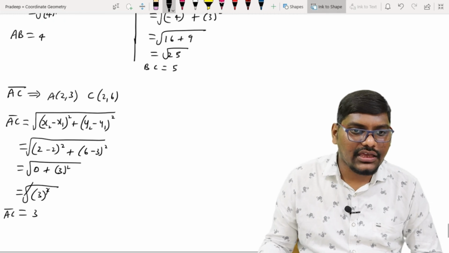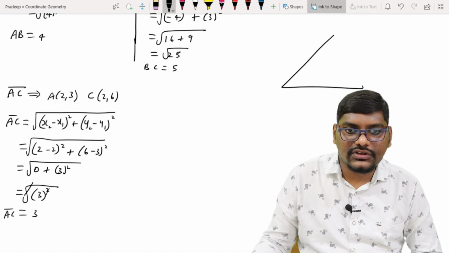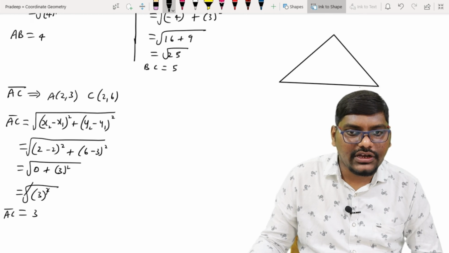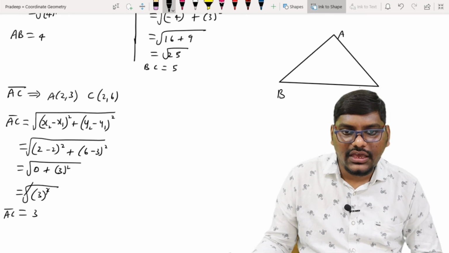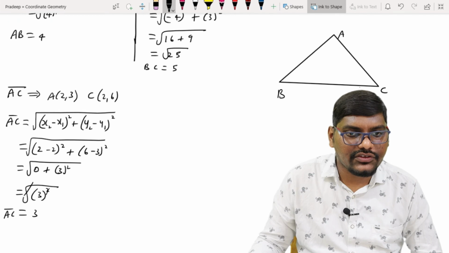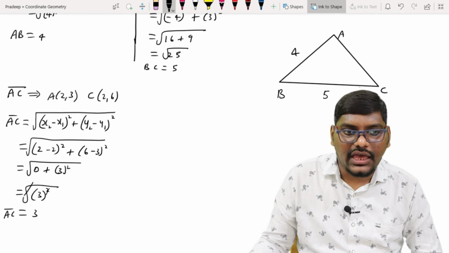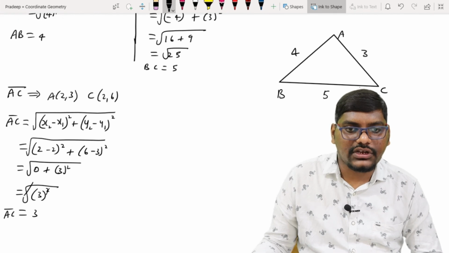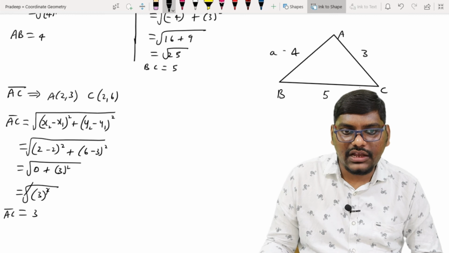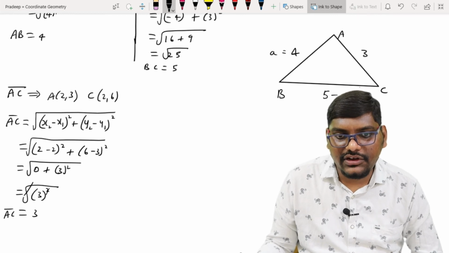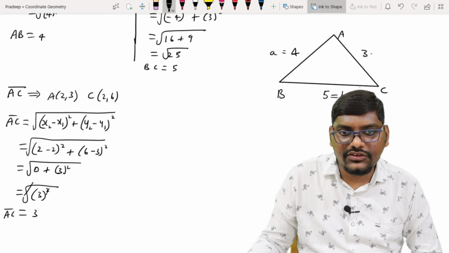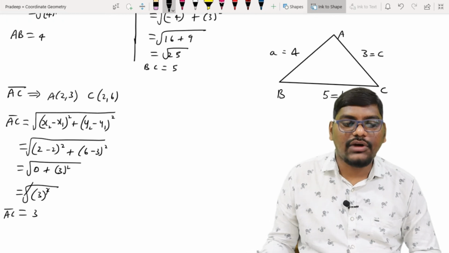So for this triangle, the coordinates were A, B, C, and we found the distances: AB we got 4, BC we got 5, and AC we got 3. This A we can represent with small a, B with small b, and this 3 with small c.